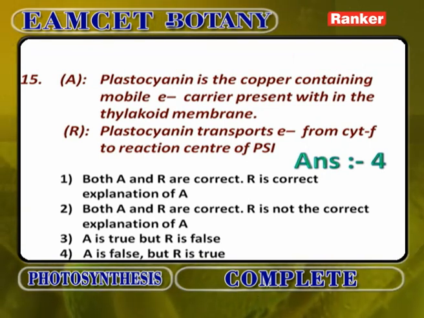Next assertion reasoning. Plastocyanin is the copper containing mobile electron carrier present within the thylakoid membrane. This is wrong. Plastocyanin is the copper containing mobile electron carrier present on the lumen side of the thylakoid membrane, moving freely here and there.